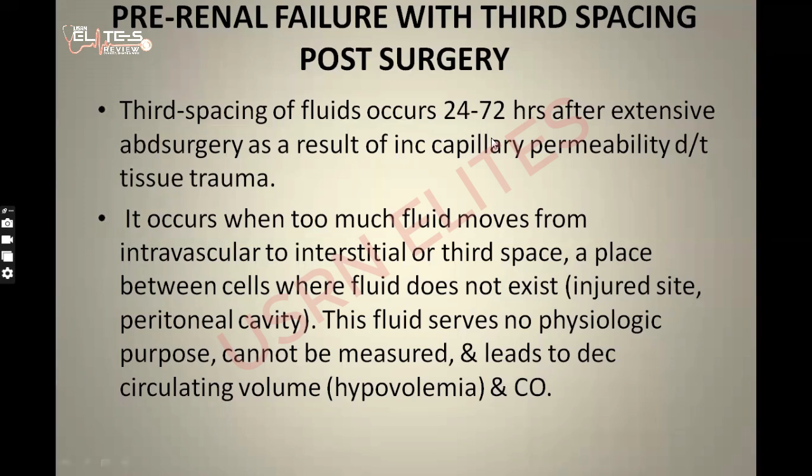So when someone undergoes any abdominal surgery, you can talk about lots of things that can result as complications. That's why after that we give some antibiotics just as a preventive measure to protect you from getting infection.